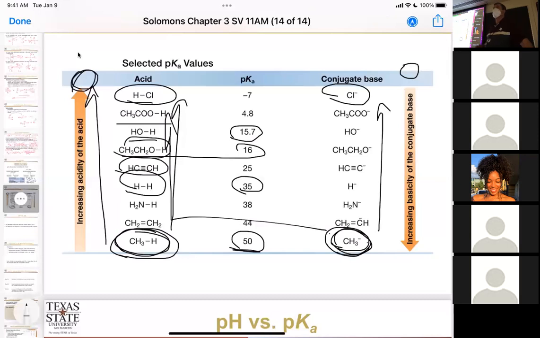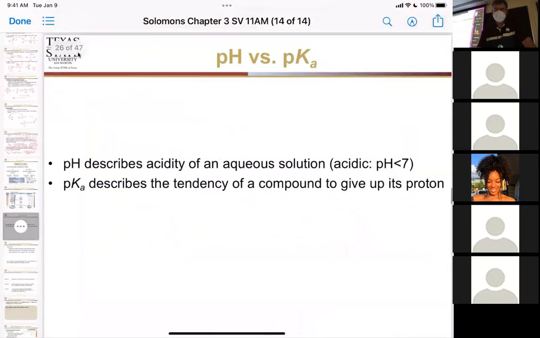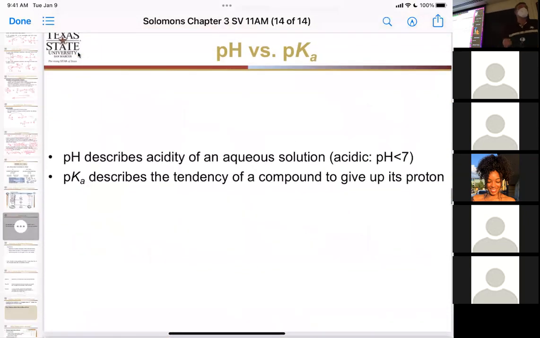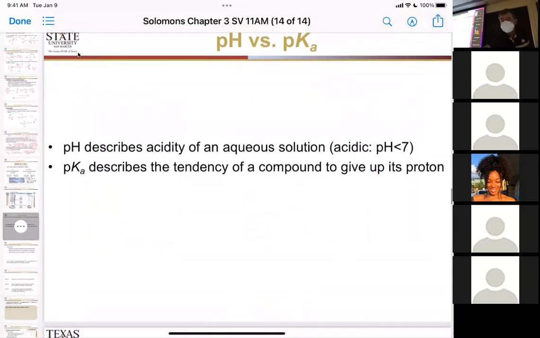It's going to remove those hydrogens. So we can't have the water in our compound. When we talk about pH, it describes it in water. So if we had our pH, it is equal to the negative log of the hydronium ion concentration.